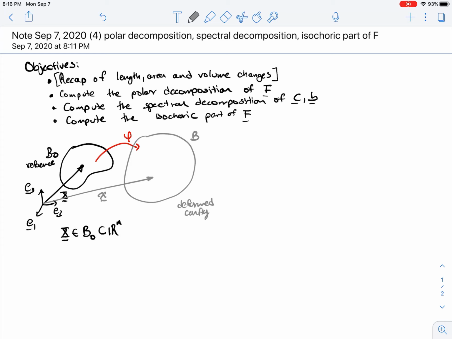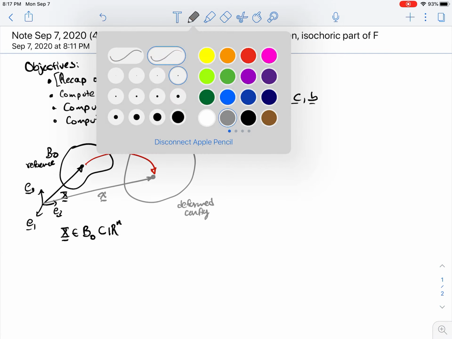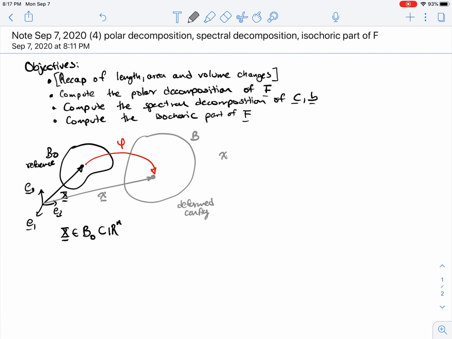And in that, points that were originally at X get mapped to points that are in little x. So that's what this map is doing. This map phi maps points from the reference to the deformed configuration.